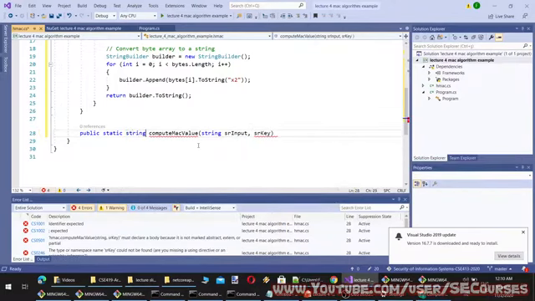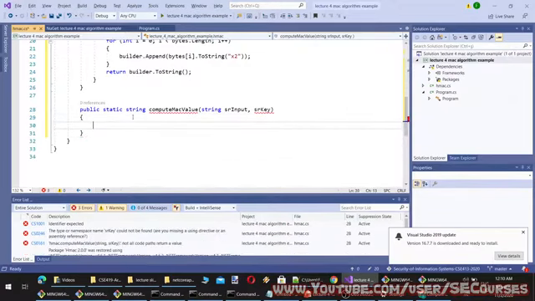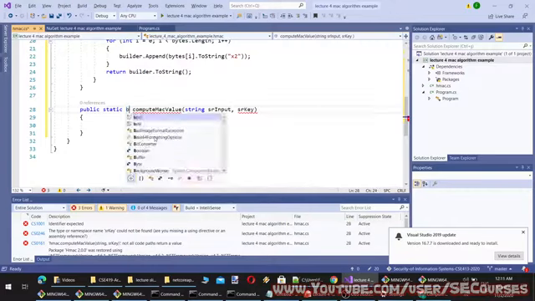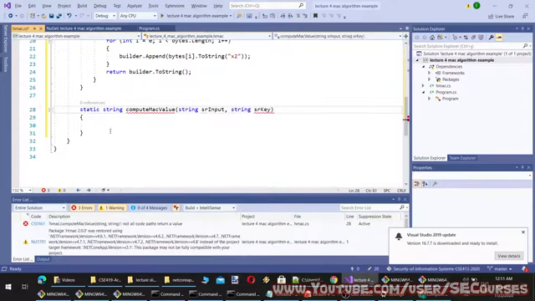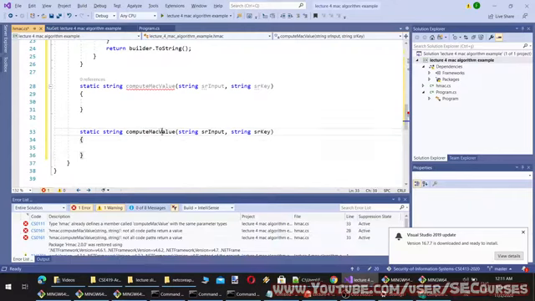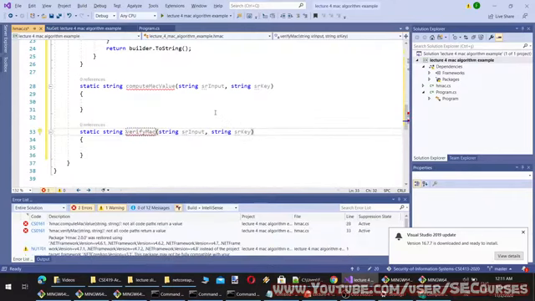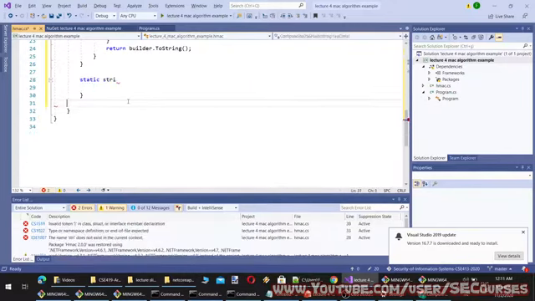So this will also return a string. Perhaps I can use this as public static bool. I think, okay, I'm going to make this static string, and then there will be a VerifyMac, and I will make it like this, make it better.